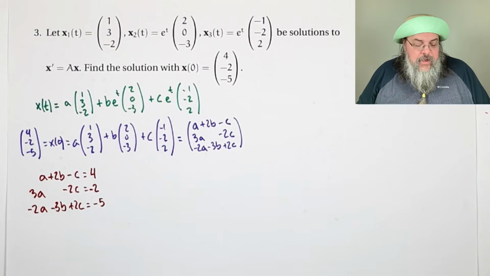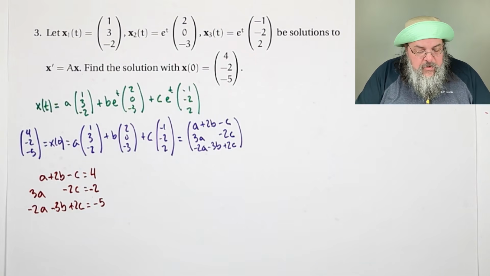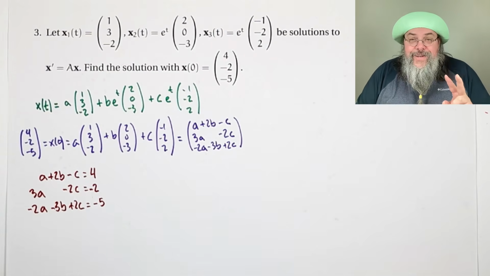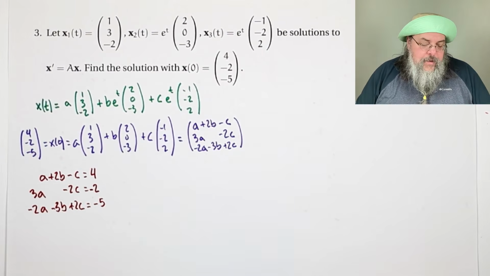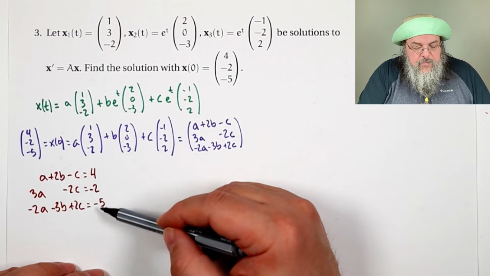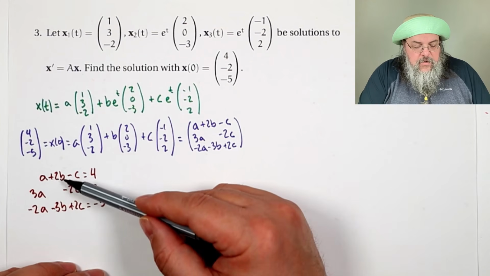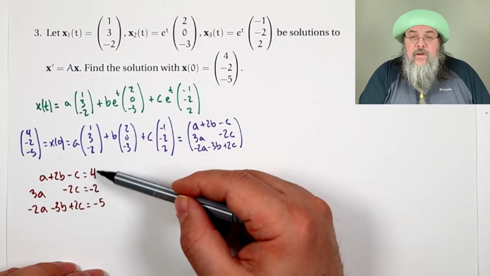So as I'm looking at this, what can I see? Well, I have three equations and three unknowns. The middle equation only has two unknowns, so that's helpful. But what else can we do? Let's compare the first and third equation. We have an a versus a -2a, a 2b versus -3b, a -c versus a 2c.